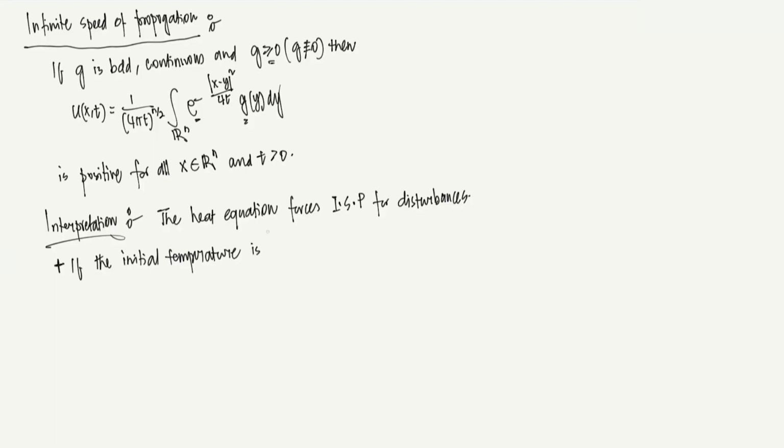So you think of it like this, you have a system and the initial temperature at t equals 0 is non-negative, so basically not 0, let's just assume.